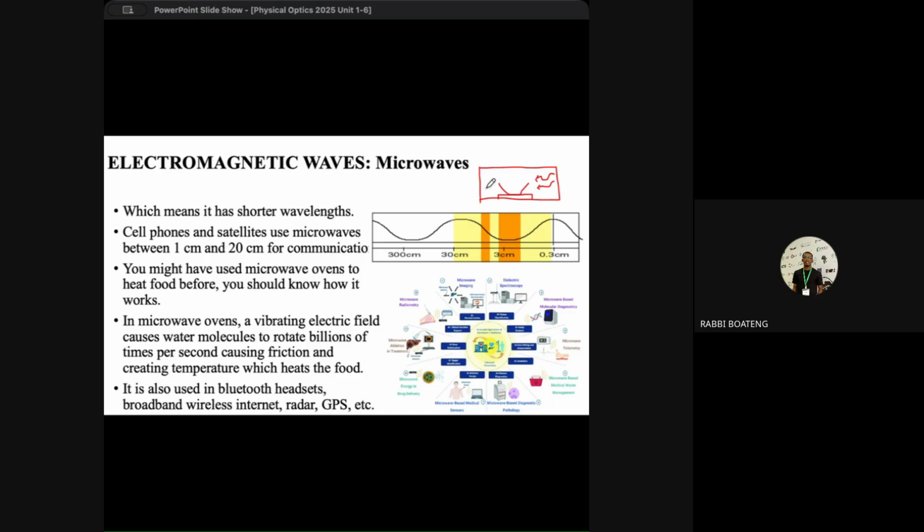The working of the microwave we have in the house is very simple. Its job is to vibrate the water molecules in the food, and I think I've mentioned this to the class before. In the process of vibrating the water molecules, it heats up the food. The vibration is a lot of vibrations within some seconds, like friction: the more it vibrates, the more heat we get in the system.